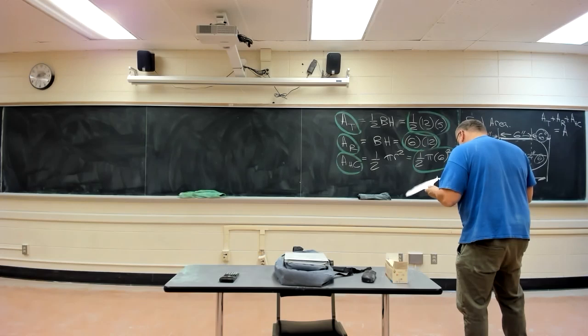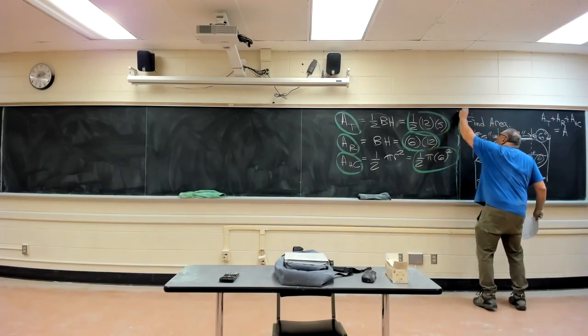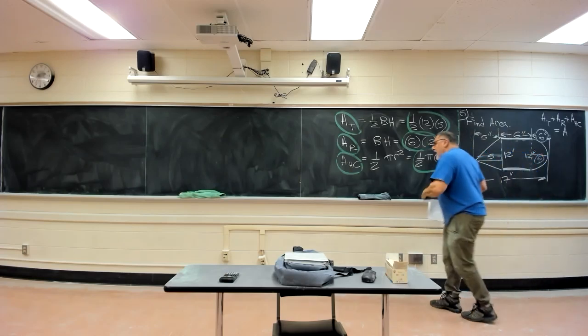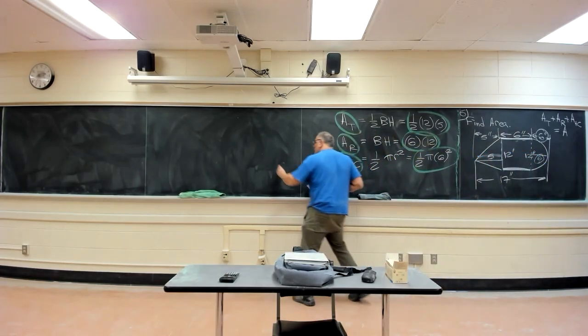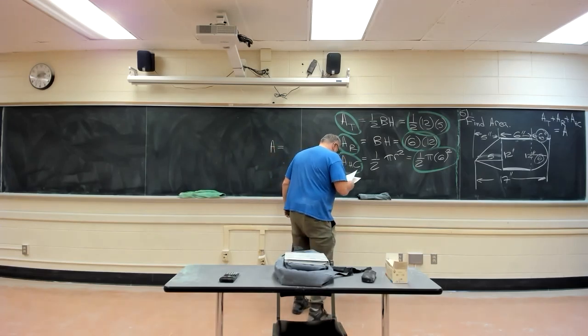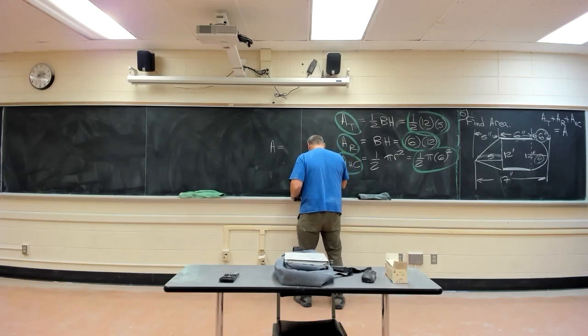So let's see what that is. Problem number 6. You're going to add them all together, you guys. And 158.55 rounded to the nearest hundredth. 158.55 inches squared.